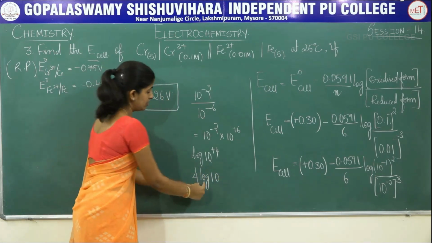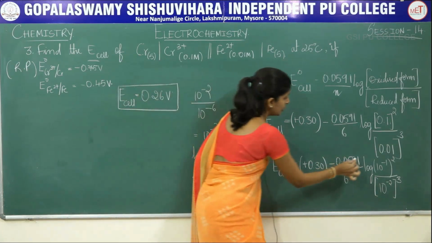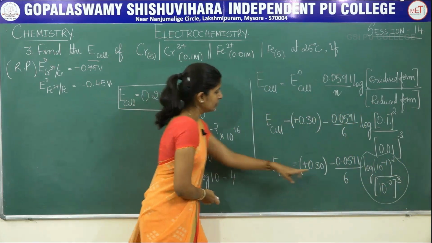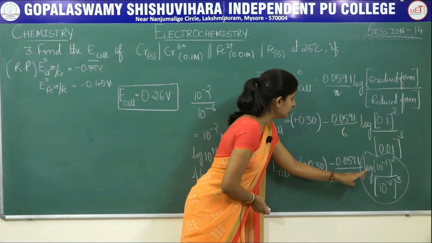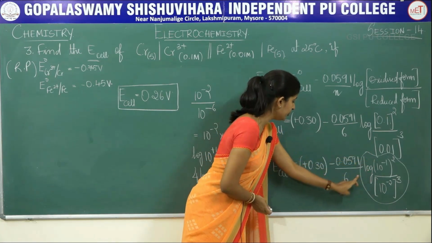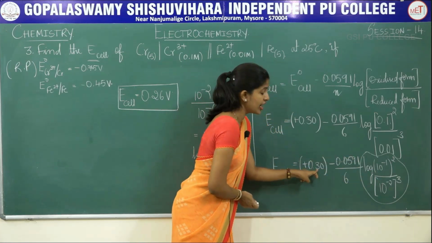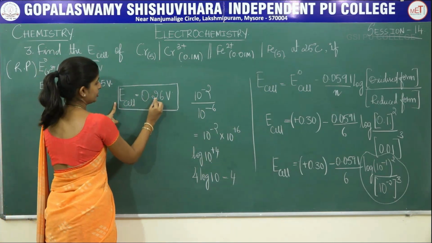Log 10 is 1. This value becomes equal to 4. So 4 over 6 just cancel it out by 2. So 2 2s are 4, 2 3s are 6. Then the whole value you subtract from plus 0.30 volts. You get E cell is equal to 0.26 volt.